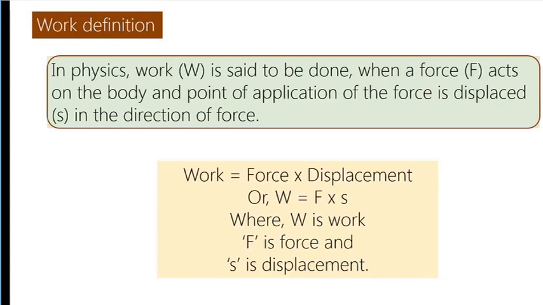Point of application refers to wherever you are applying the force. If you are pushing a car, or carrying whatever you are carrying, if you apply the force and the object on which you are applying this force moves in a specific direction, then work is done, right?